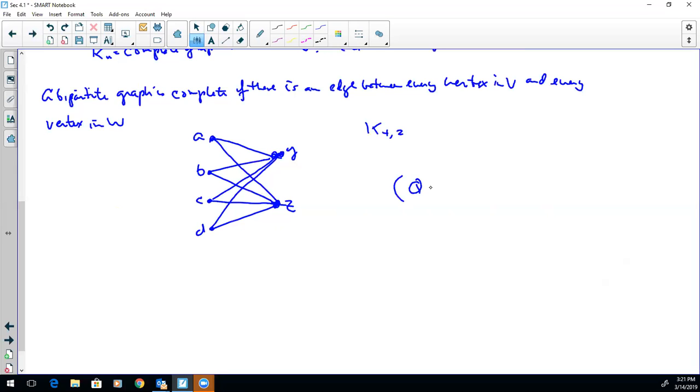I think this is a question in the homework. How many vertices are there in the complete bipartite graph K sub P,Q? Okay, so P number of vertices in one set and Q number in the other.